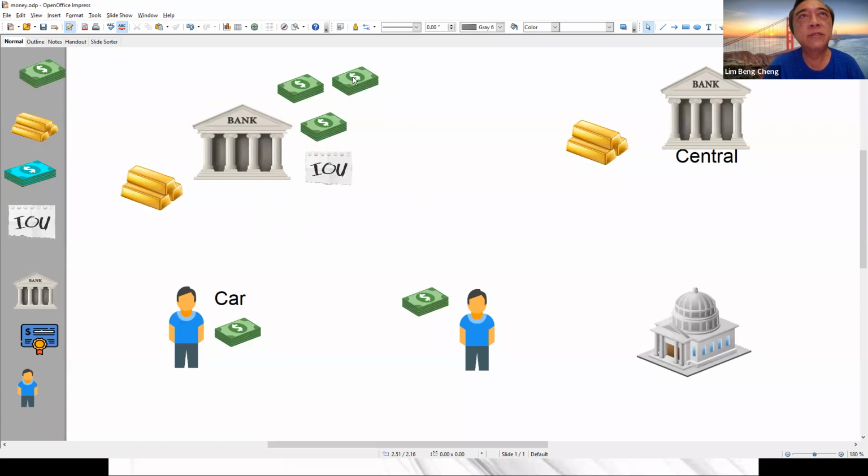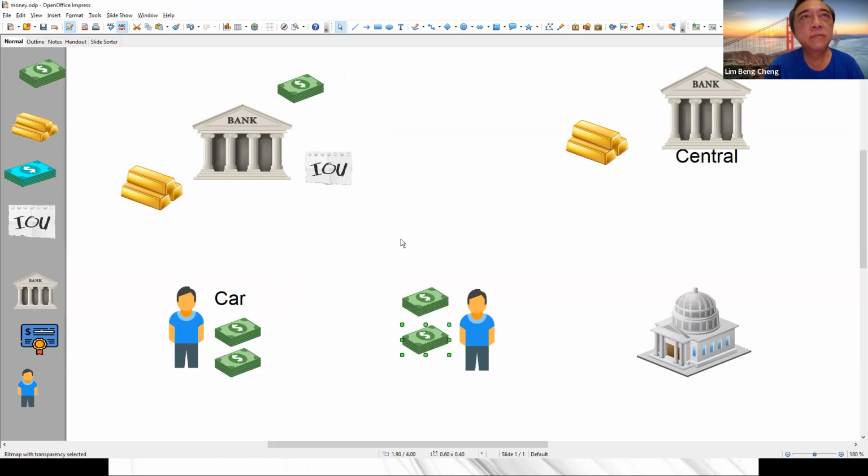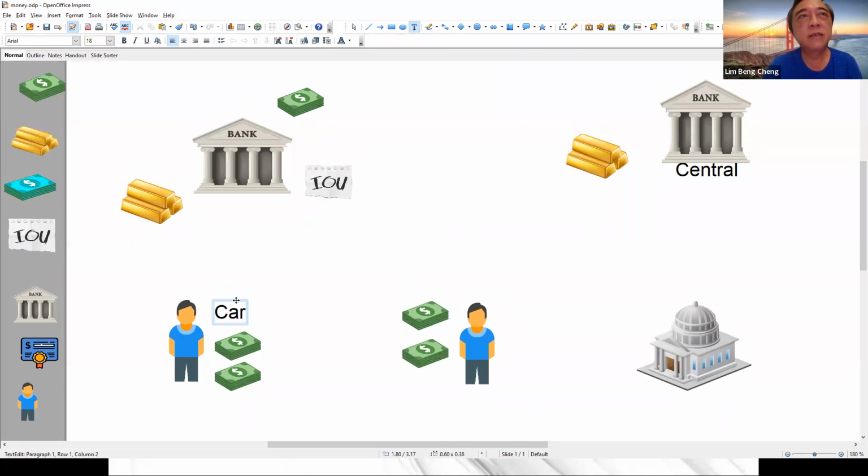If we start everything from here, without confusing everybody, assuming we start like that, we start in this manner. This person will buy a car, and this person sells the car. But this IOU also doesn't exist.